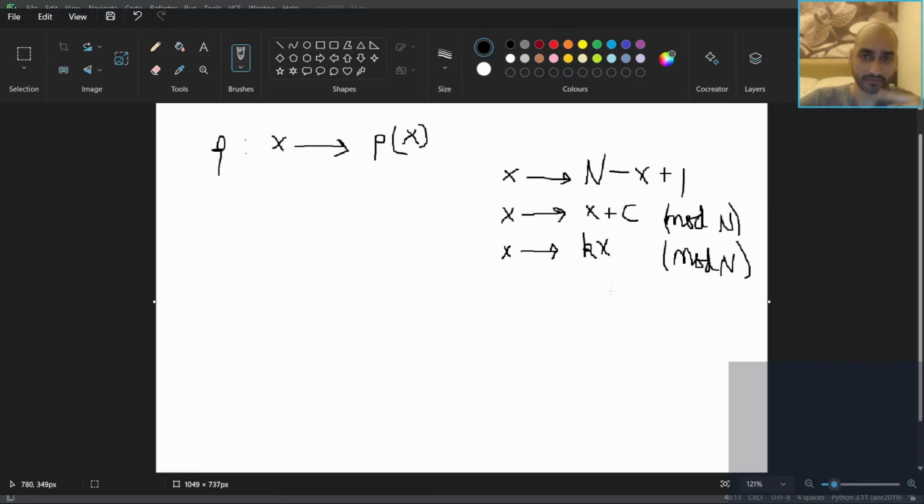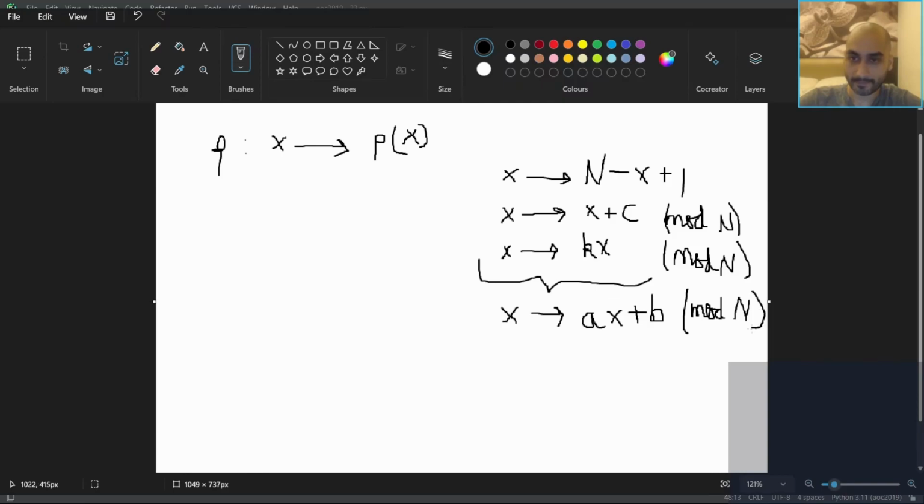So if you do any combination of these, any number of times, it all equates to some linear function, x to a x plus b. You could just compute the a's and the b's for every operation to get the final a and b, or we could just find out what the a's and b's are afterwards, because now that we know x maps to ax plus b for some fixed values of a and b, we can just work out a and b.